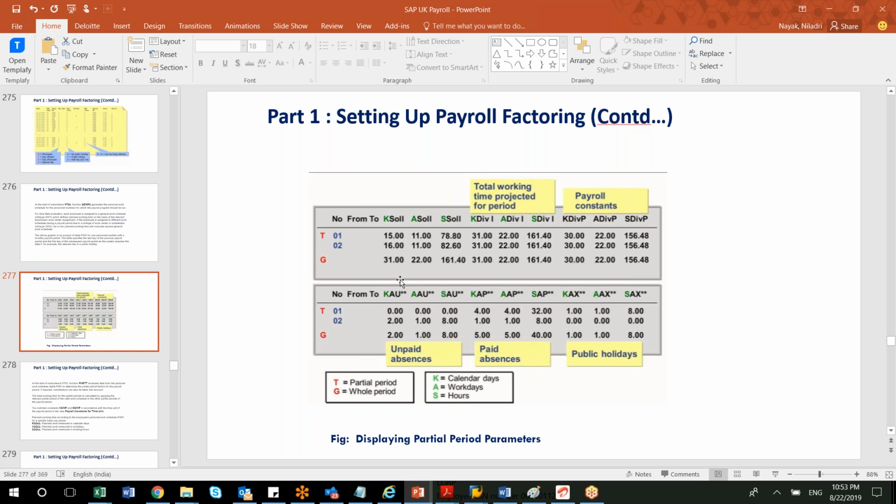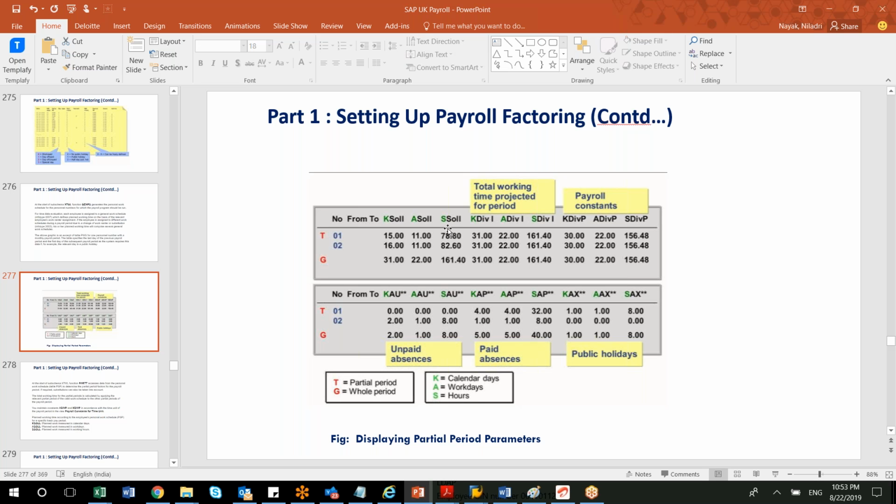But when I say ASOLL, A is for working days. Out of 31 days, you have 22 working days, so 22 days will be considered your working days.